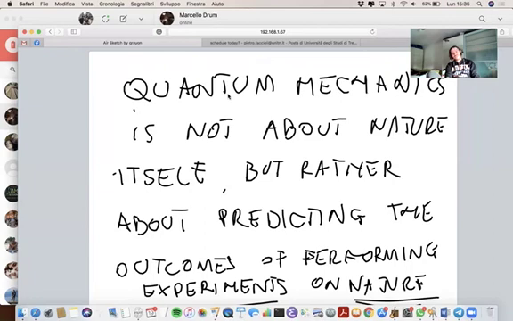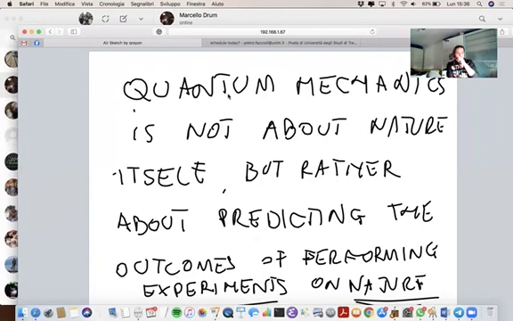We are not trying to read God's mind, so to say, whether you believe or not in God. I mean, again, this is not a real theological statement here, it's just an analogy, right? We are not about understanding the code of nature. We are interested in understanding, being predictive about what happens if we measure nature.